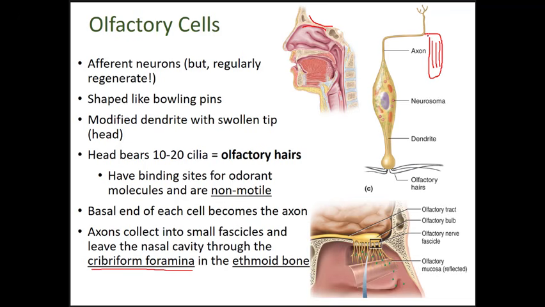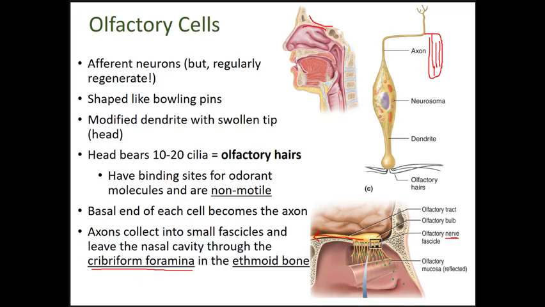So we've talked about that before. So we have these groups of nerve fibers that form a fascicle, and they will collectively then penetrate through the cribriform foramina and become part of your olfactory nerve. And your olfactory nerve is what will then bring information to specific regions of your brain that allow for you to interpret an odor.